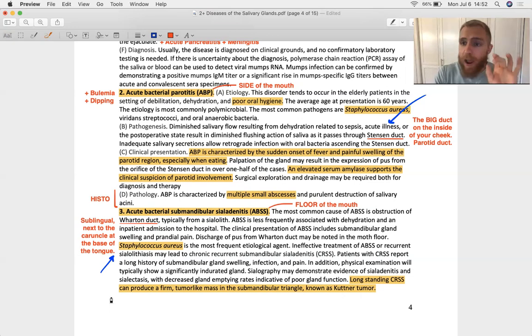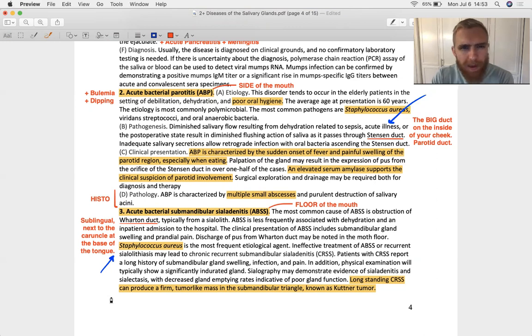And so right where that pencil eraser is at the base of your tongue, you can kind of palpate it, wash your hands before you do. That's where your Wharton duct exits and opens up into your mouth, and that's how your sublingual and submandibular glands drain into the floor of your oral cavity. So number 2 and number 3 here, parotitis versus submandibular sialadenitis. Differential is location.